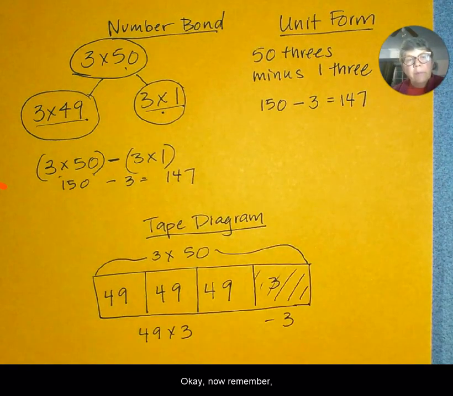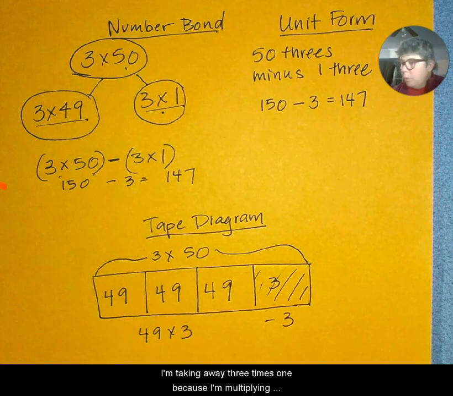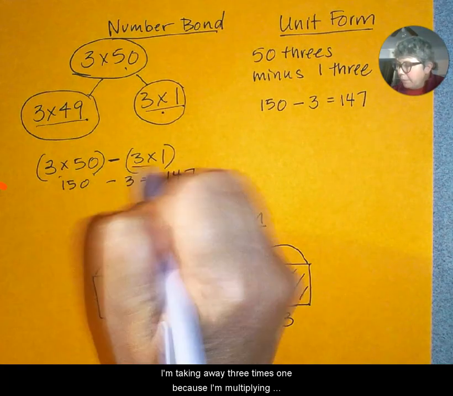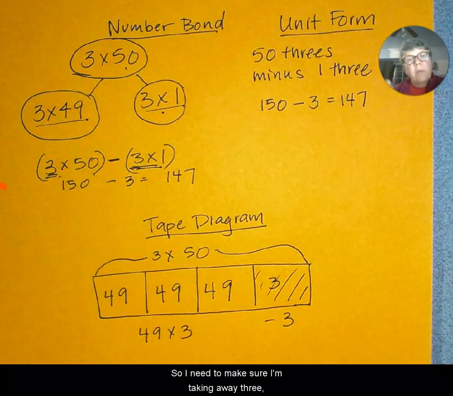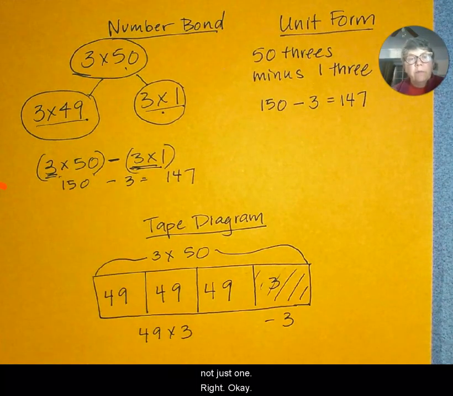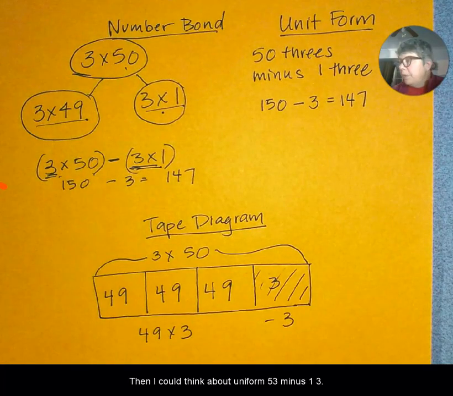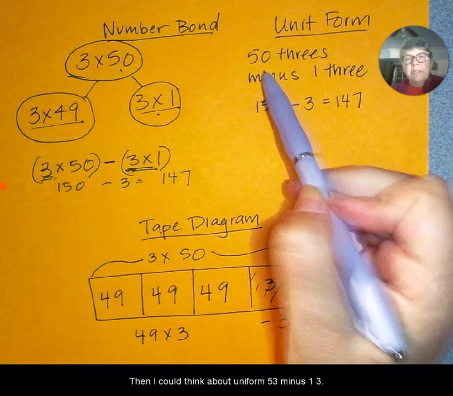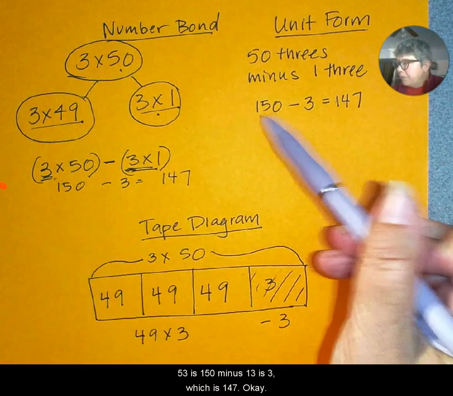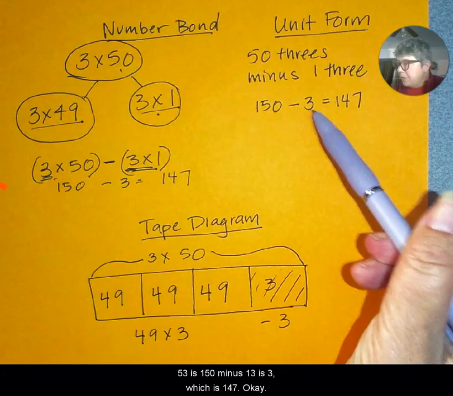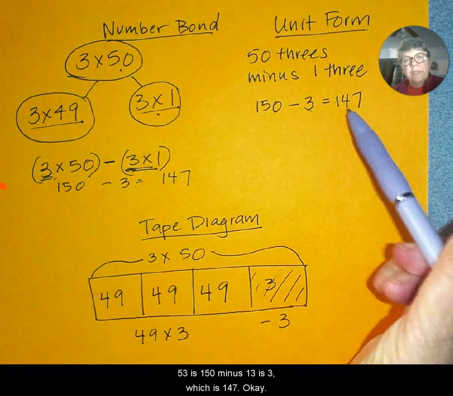Okay, now remember, I'm taking away 3 times 1 because I'm multiplying 3 times everything. So I need to make sure I'm taking away 3, not just 1, right? Okay, then I could think about unit form. 50 3s minus 1 3. 50 3s is 150, minus 1 3 is 3, which is 147.